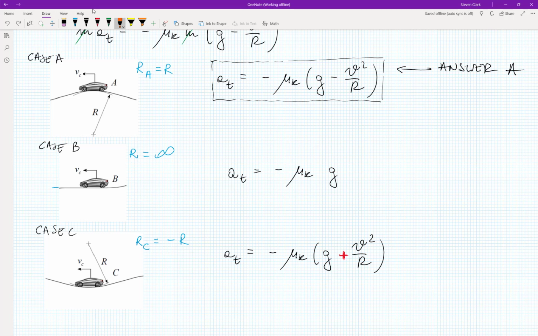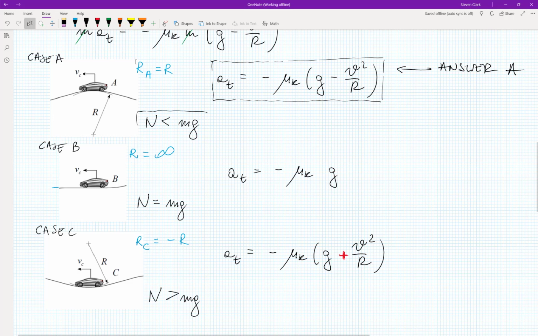That's why the friction will be the highest there, and that's why the deceleration will be the largest in case C. By the way, in here the normal force will be larger than mg. In this case, the normal force will be exactly equal to mg, and in here, the normal force will be smaller than mg, as you could see earlier. Just a digression, and this is all because of the centrifugal force.